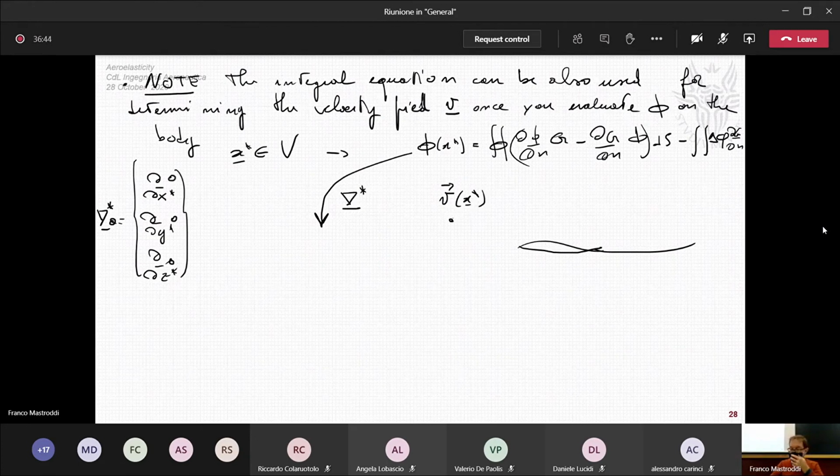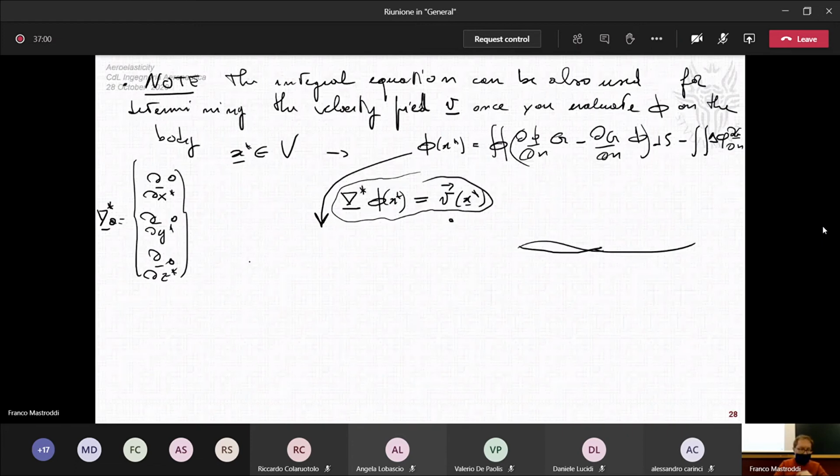Okay? If you take the star gradient of phi in x star, you obtain the star velocity, of course. And so in the left-hand side, you have v, right, in the x star point, okay, equal to integral in the b.